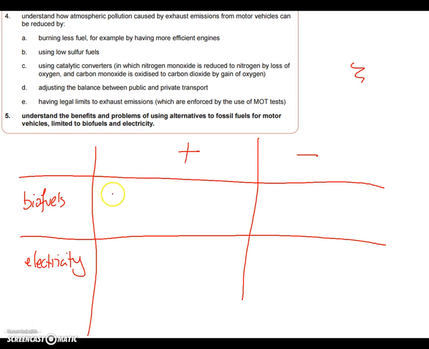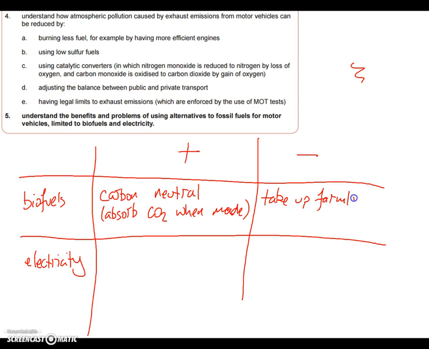So advantages of biofuels, they're carbon neutral, would be the best advantage, so they absorb CO2 when made. Disadvantages, for example, they take up farmland from food crops, so food prices go up.